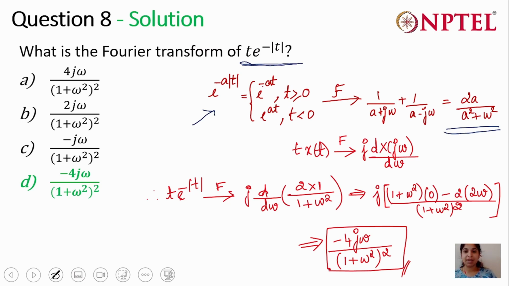So multiplying by t, I have j into d by d omega of this. If I differentiate 2 by 1 plus omega square, I am going to get minus 4j omega by 1 plus omega square the whole square. So the answer is D.